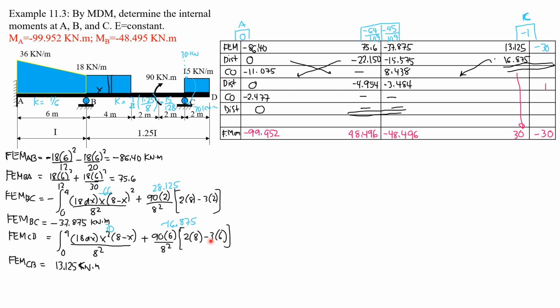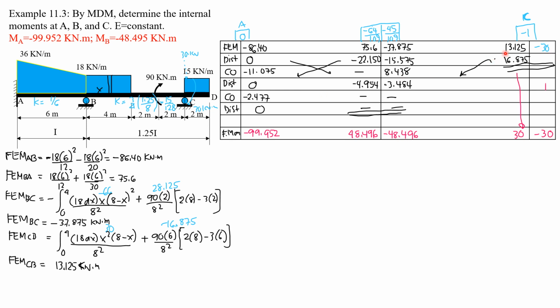The value is negative 16.875. So 30 minus 16.875 is positive 13.125 here.